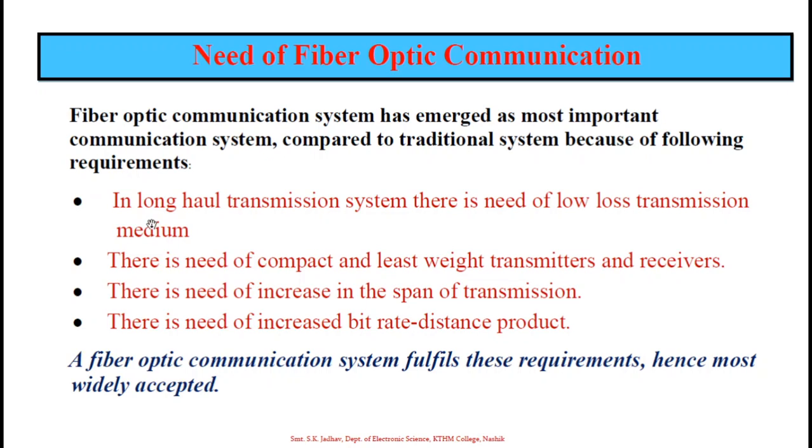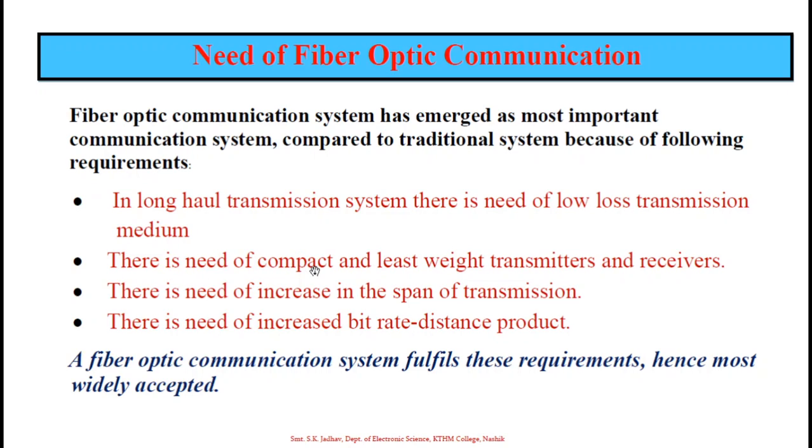Then what is the need of fiber optic communication? Fiber optic communication system has emerged as most important communication system compared to traditional system because of following requirements. The first requirement is in long haul transmission system there is need of low loss transmission medium.